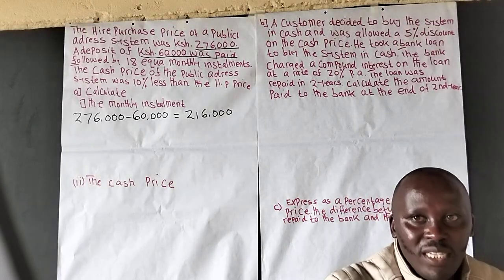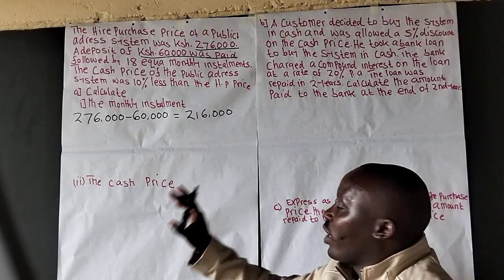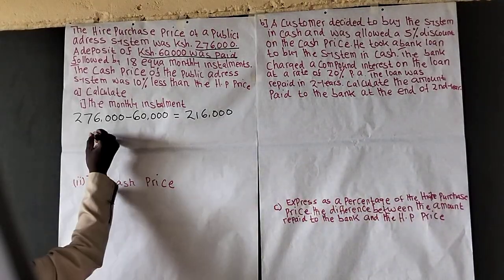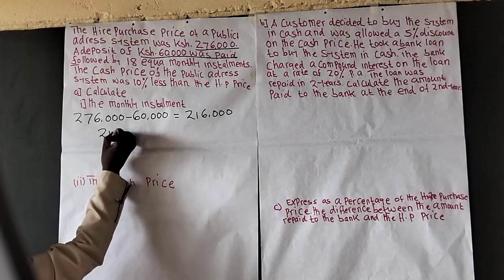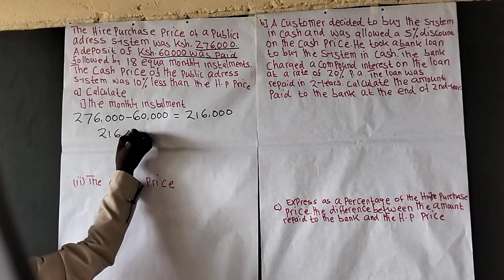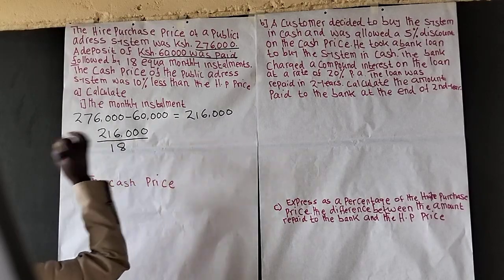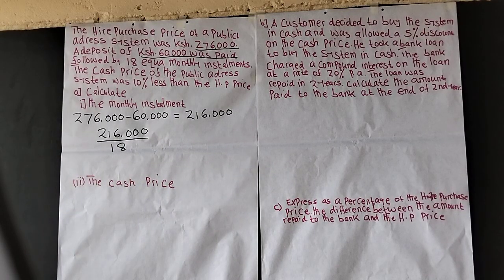So how much is paid every month? To get the amount paid every month, you divide 216,000 by 18 months, and you get that the monthly installment is equivalent to 12,000.